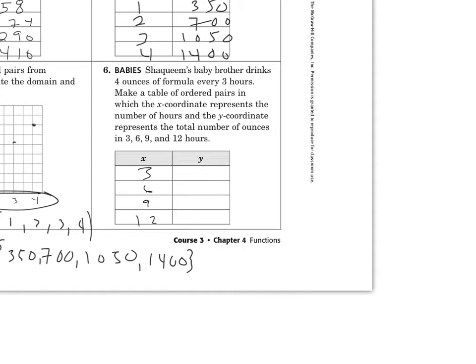So notice what's happening here is they're doing 4 ounces every 3 hours. So our change in x is 3, and our change in y should be 4 each time.